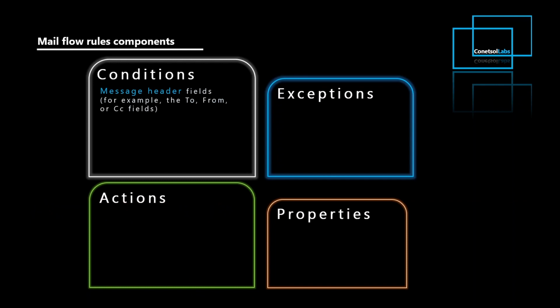Message header fields are, for example, the To, From, or CC fields in the message. And message properties are, for example, the message subject, the message body, its attachments, message size, or message classification.